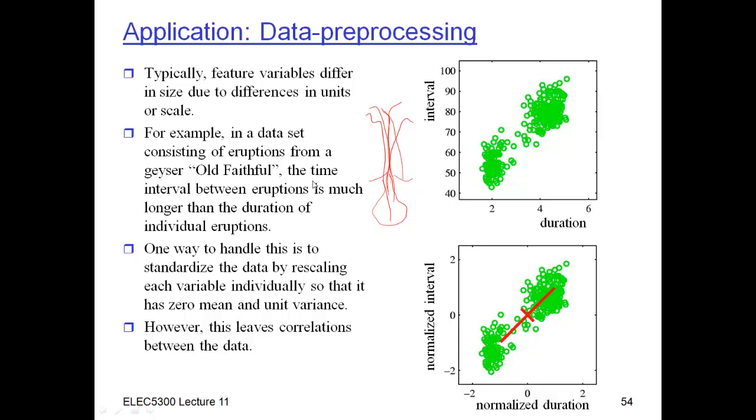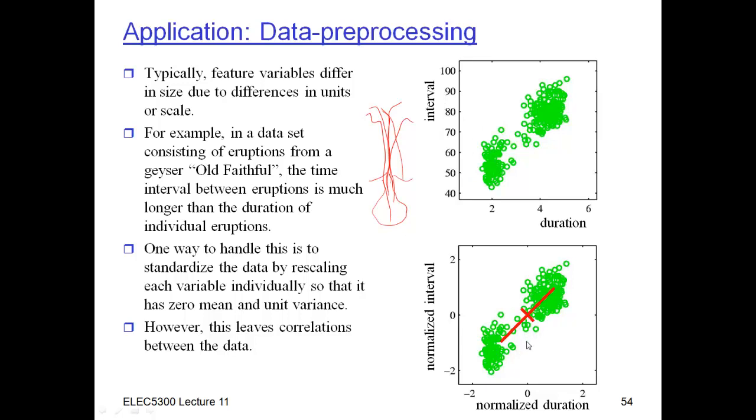Now, if I want to make this thing have similar units, you can see that here the difference between the top and the bottom one is somewhere around 40 or 50, right? But here the difference between the leftmost one and the rightmost one is only about 2. Right? So one way we can equalize this is just to individually scale each variable, subtracting the mean and dividing by the standard deviation.